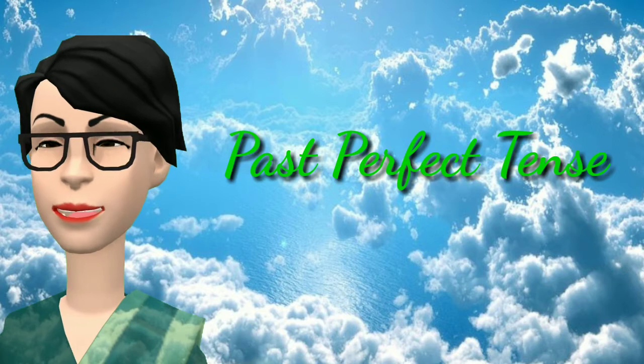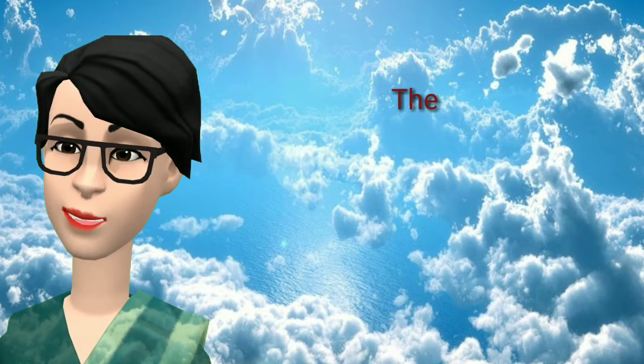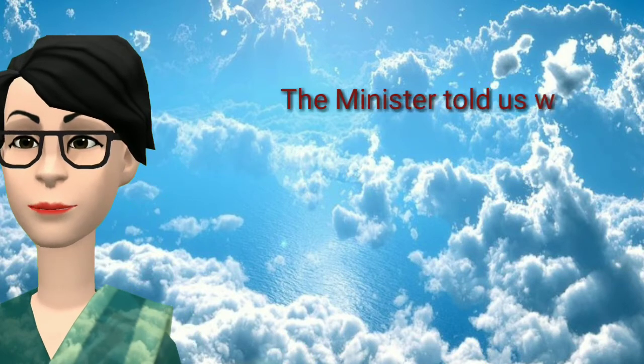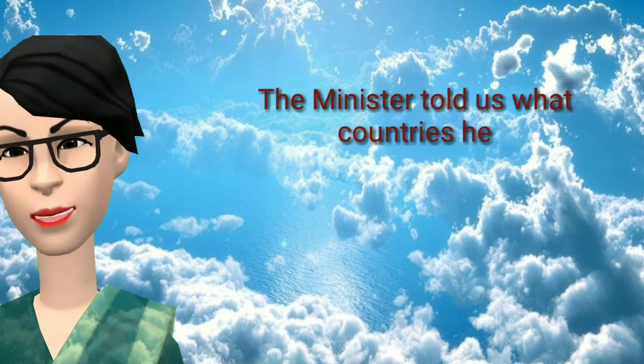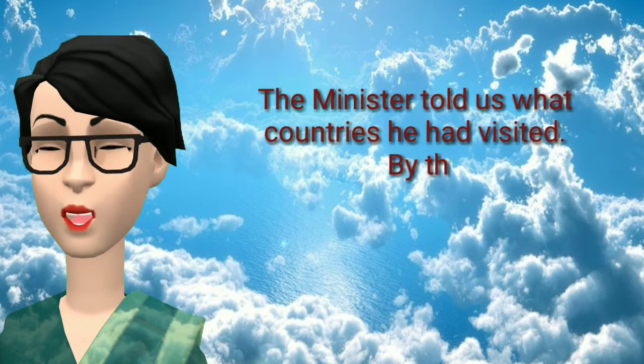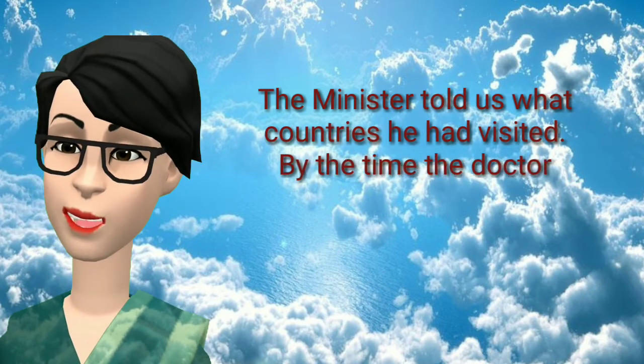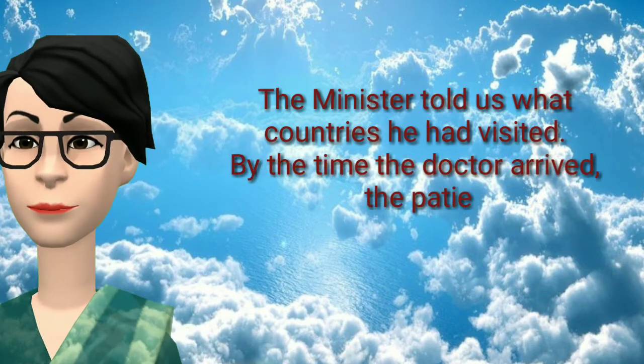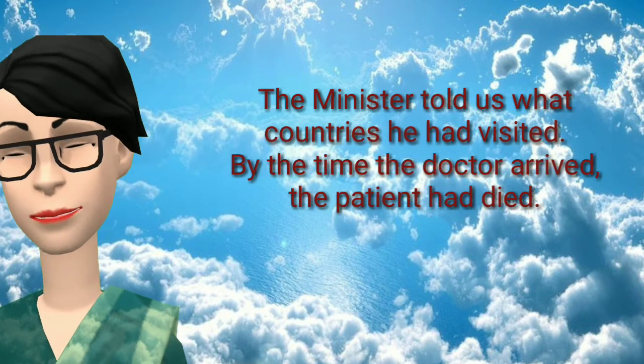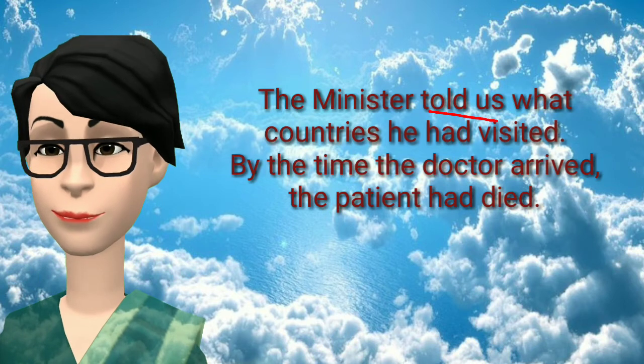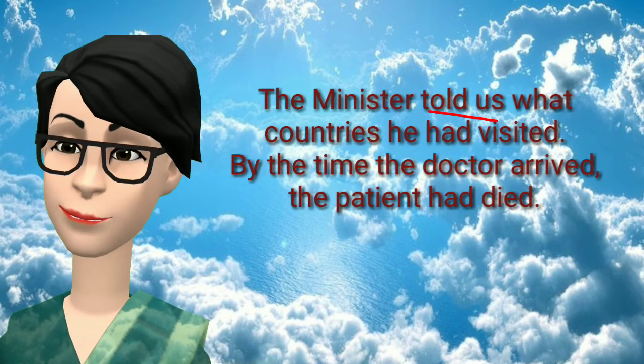Now let us discuss the past perfect tense. Look at the following sentences. The minister told us what countries he had visited. By the time the doctor arrived, the patient had died. Sentence 1 has two verbs, told and had visited.